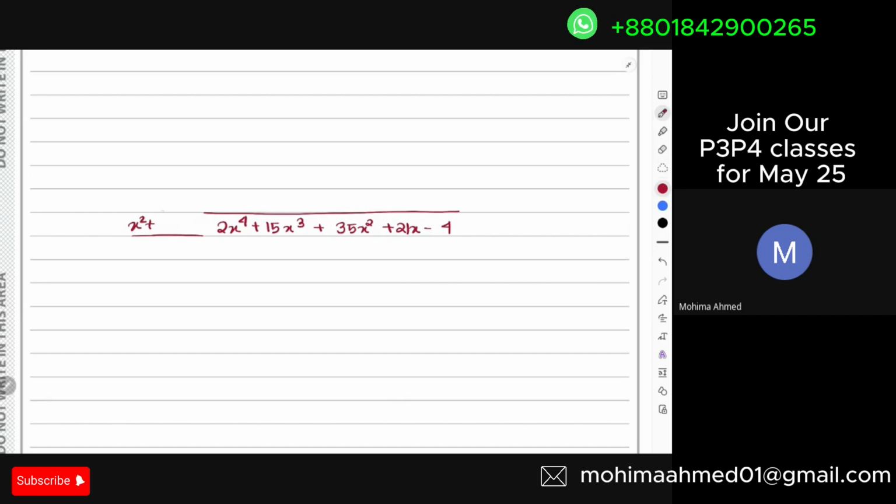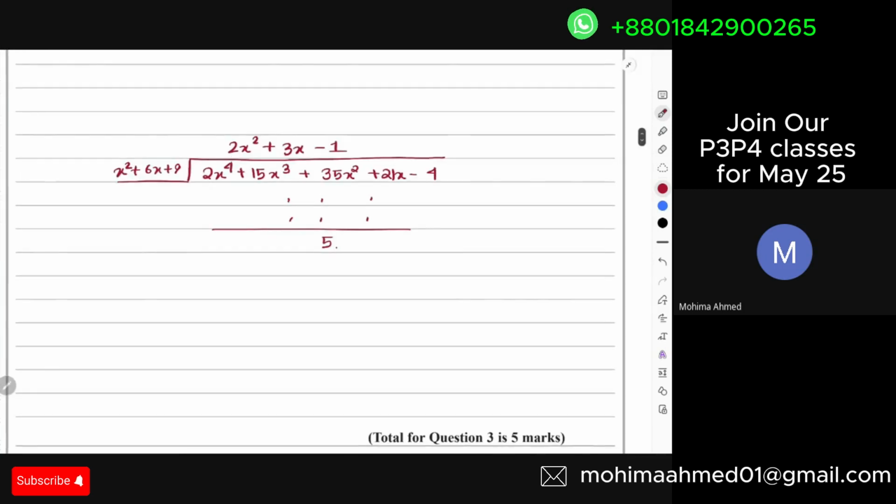Sorry, I made a mistake, this was actually 6x plus 9, right? This was your x plus 3 whole square. When you divide these things in the numerator, I'm supposed to get 2x squared plus 3x minus 1. And if you carry on with the long division, you're supposed to be left with 5.